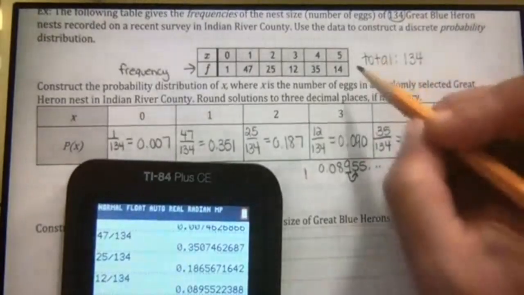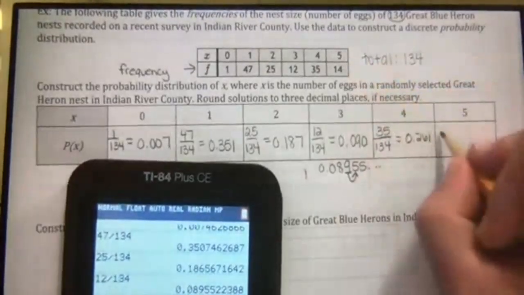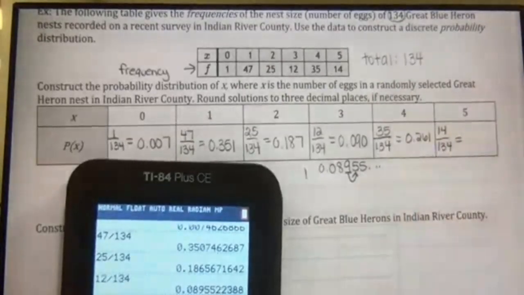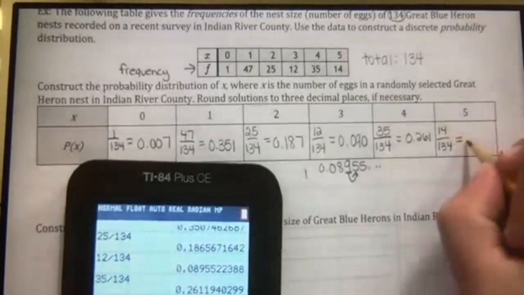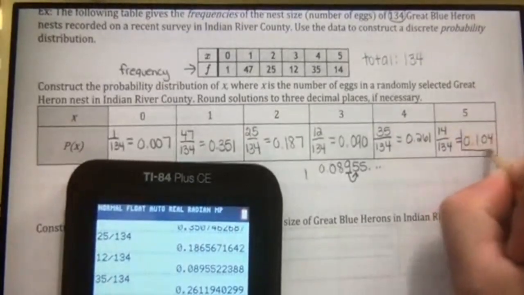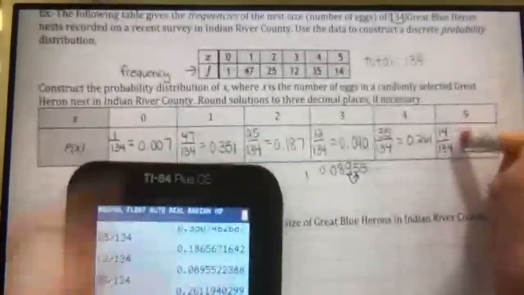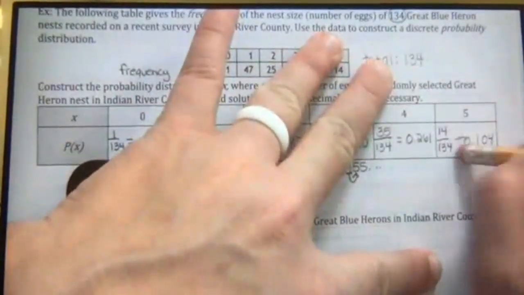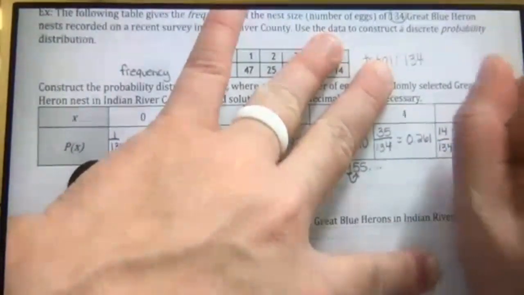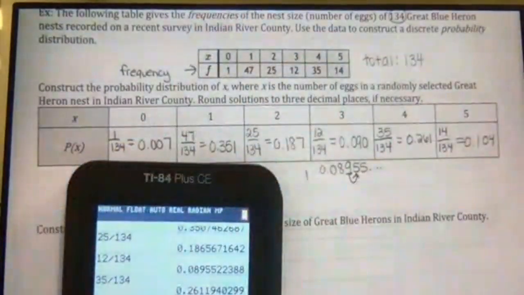And last but not least, 5 eggs, there's 14 nests, so 14 out of our 134 is 0.104. And that's it. So we just found the probability like we did in chapter 3, but just found the probability for each of them separately.